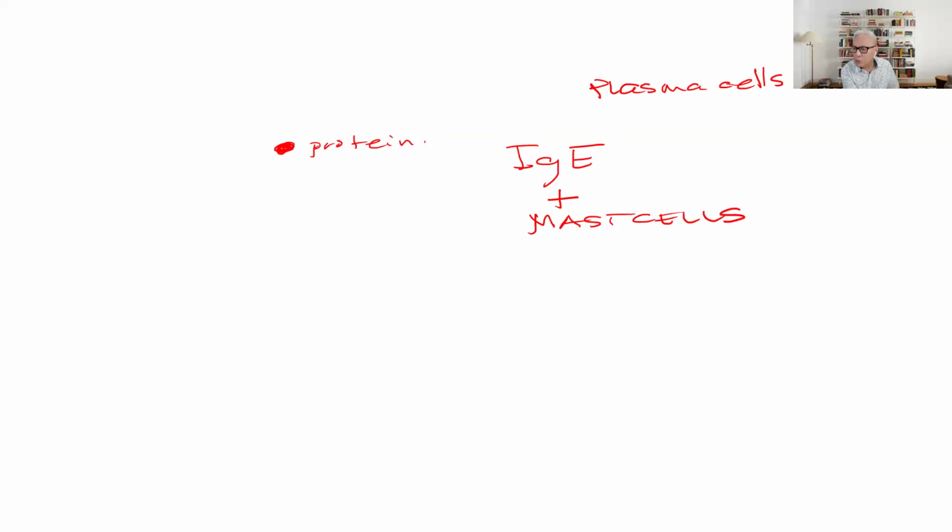And in addition to that, they're going to also bind with basophils. Okay, so a foreign protein invaded the body, and now we're going to have a release of IgE from the plasma cells, and this is going to bind to the mast cells and the basophils.